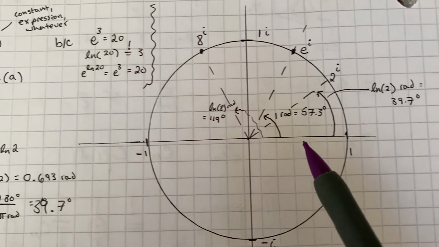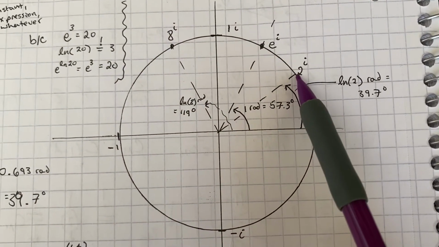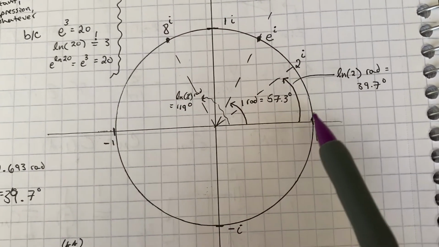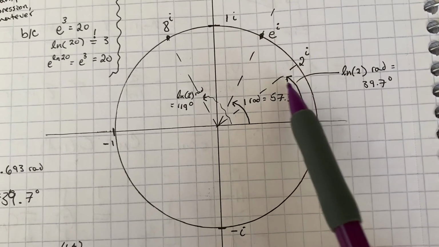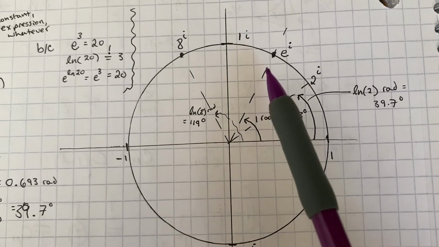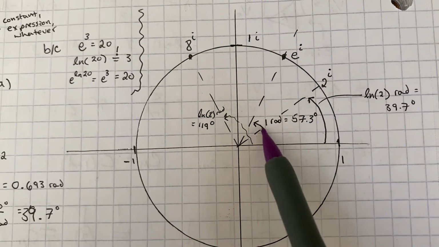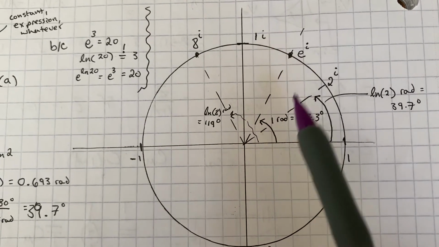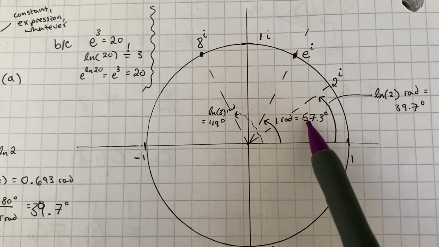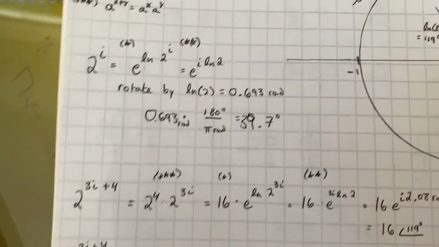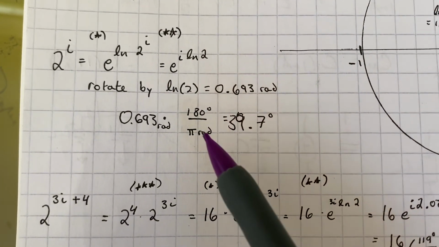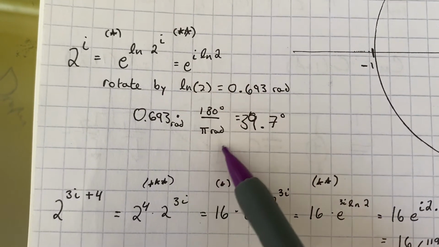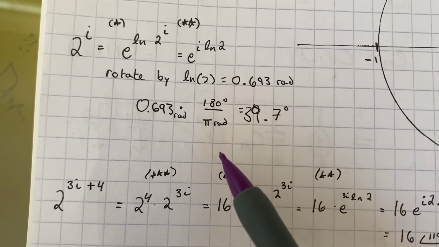Here we can see 2 to the i plotted on this unit circle is a 39.7 degree rotation, whereas if we have e to the i, it's a single radian rotation, which is nice and clean. And 1 radian is about 57 degrees. The conversion between radians and degrees is the scale factor, 180 degrees per pi radians.